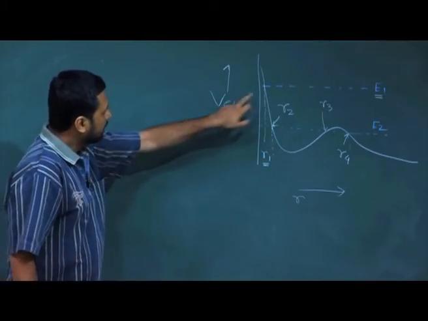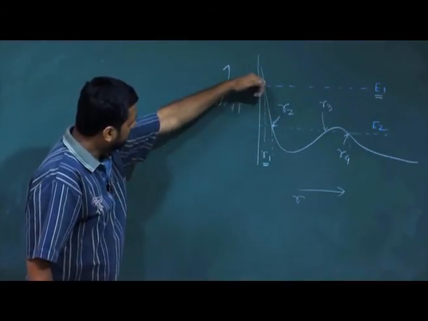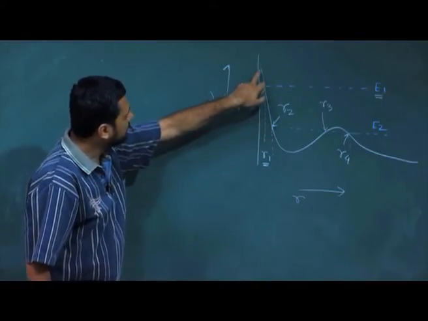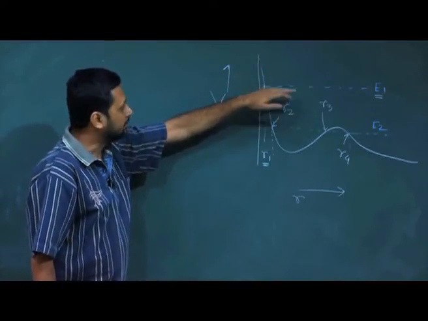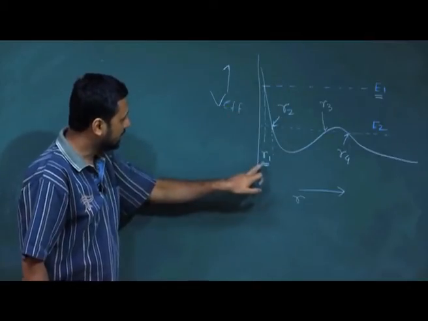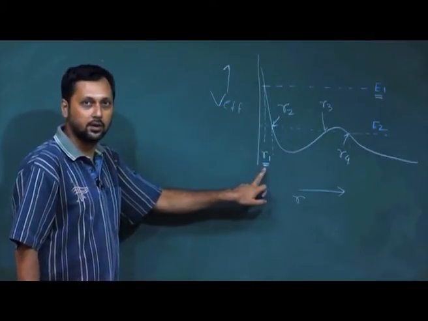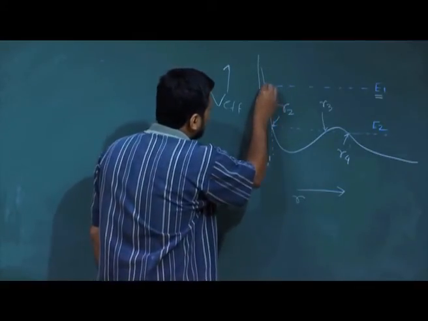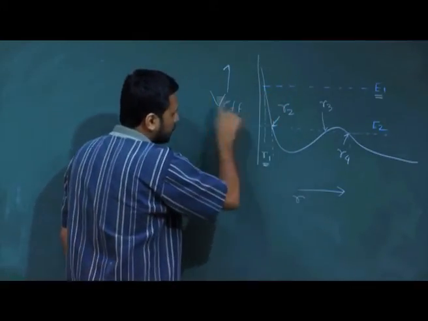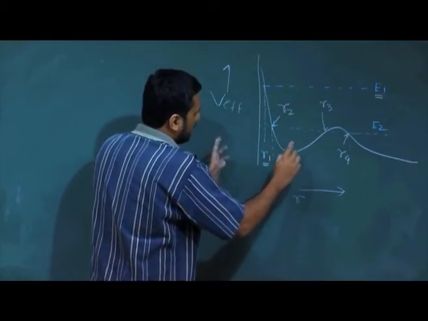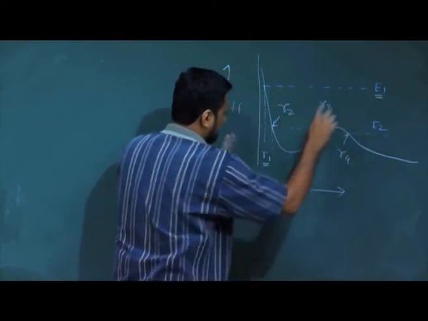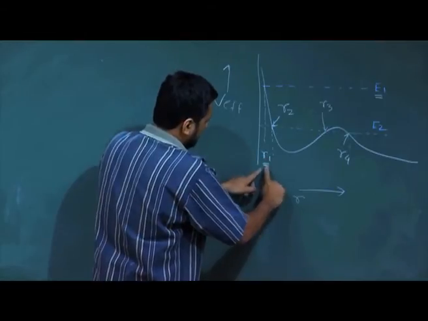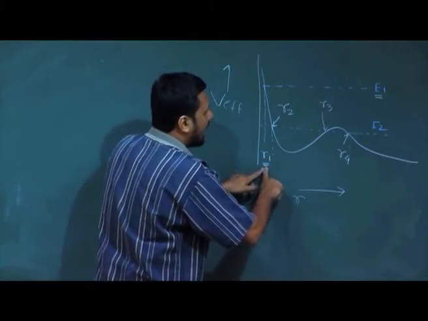Because the potential below R equal to R1 is higher, the particle cannot come closer than R equal to R1. Now, what happens afterwards? The motion of this particle with energy equal to E1 will be bound between R1 and infinity.